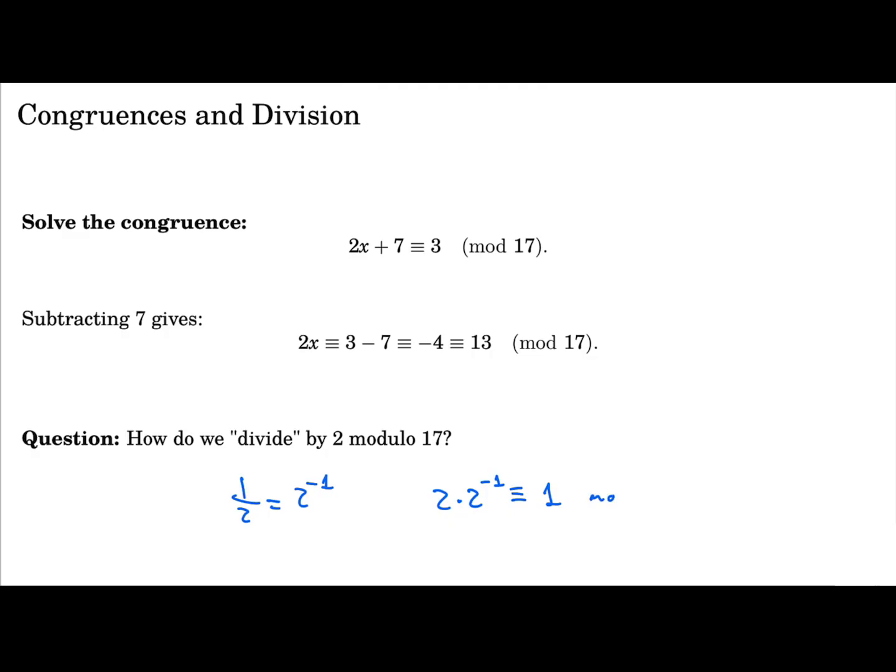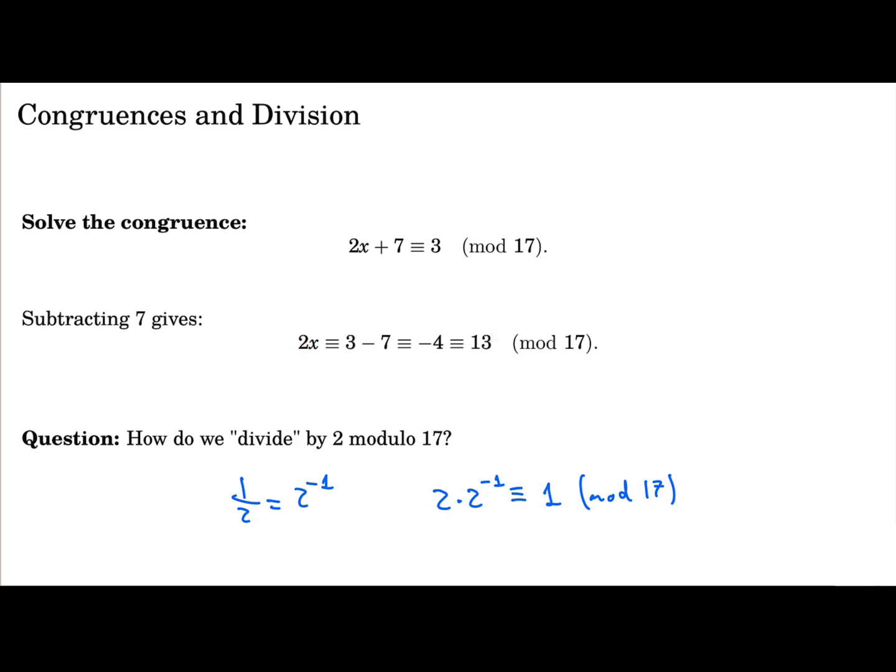But now we want this mod 17. So we are asking, what is 2 to the minus 1? What number do you multiply by 2 and you get a 1 mod 17? Because then if we multiplied on both sides, we would be able to get rid of this 2.